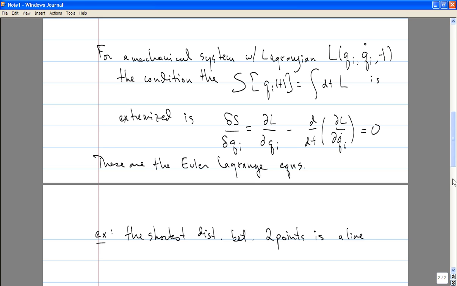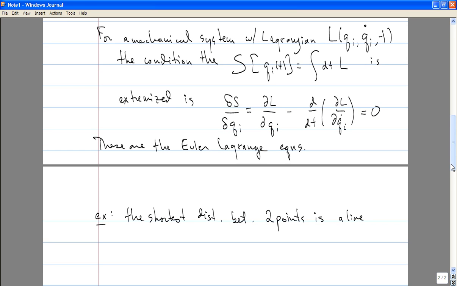In this case, the functional that we wish to minimize is a function of the curve that connects 2 points. Let's say that I have 2 points on a blackboard or a plane, and they are connected by some curve, which is parameterized by 2 functions, x of s and y of s. X and y are the Cartesian coordinates on the plane, and s is a parameter which labels different points along the curve.